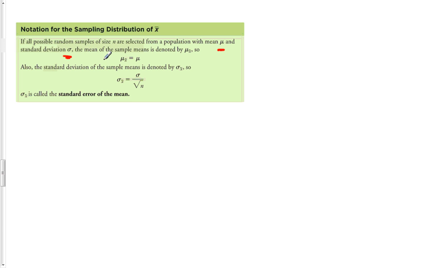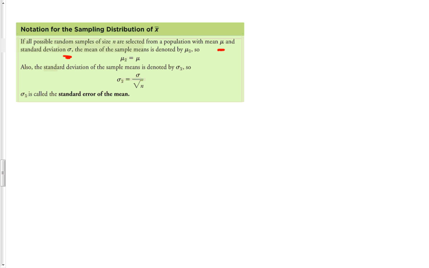The mean of the sample means is denoted mu of x bar. This is the mean of the sampling distribution. It turns out that the mean of the sampling distribution is equal to the mean of the population. And it turns out that the standard deviation of the sample means is equal to the standard deviation of the population divided by the square root of n.